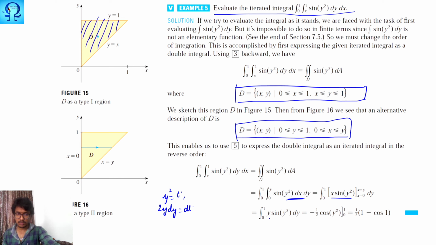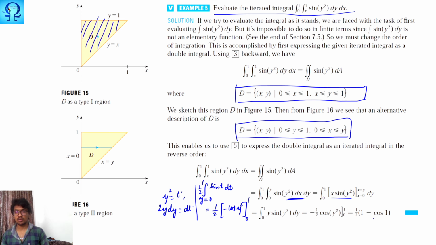So this y dy shall be rewritten by this substitution, and the integral becomes the integral from 0 to 1 of sine t times half dt. The integration of sine t is simply minus cos t, and your t is y squared, from 0 to 1.